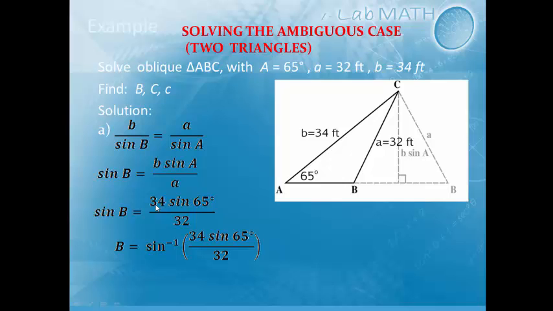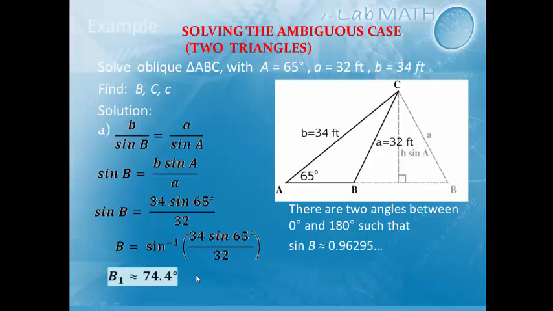Substituting the value of B, which is 34, angle A is 65, and side A is 32. Using your calculator, when you're looking for an angle, you press inverse sine, parenthesis, 34 sine 65 degrees over 32. And that will display 74.4 degrees.